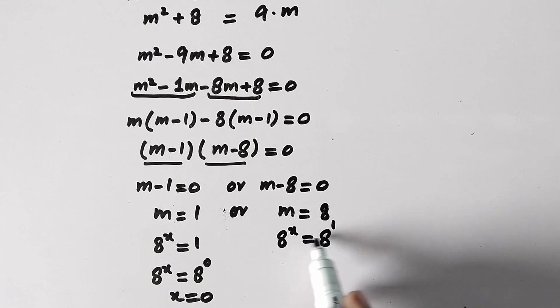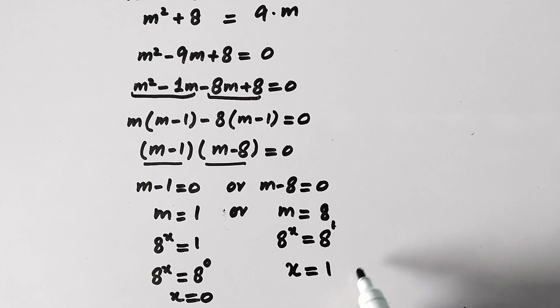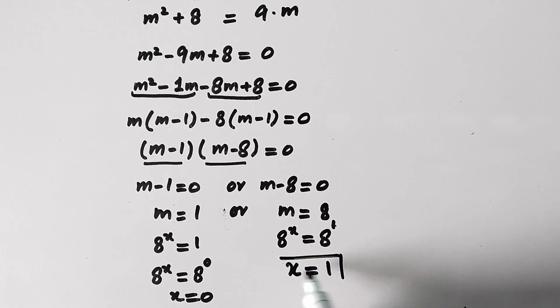Again the bases are same on both sides, and by comparing we will get x equal to 1. So these are the values of x.